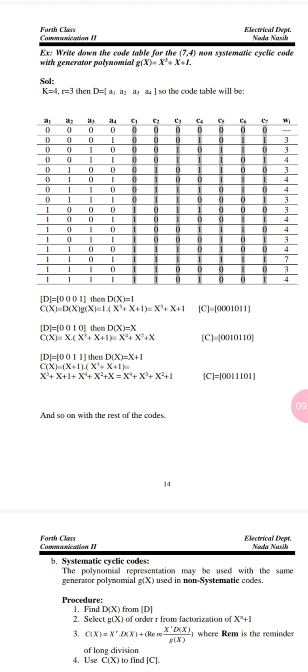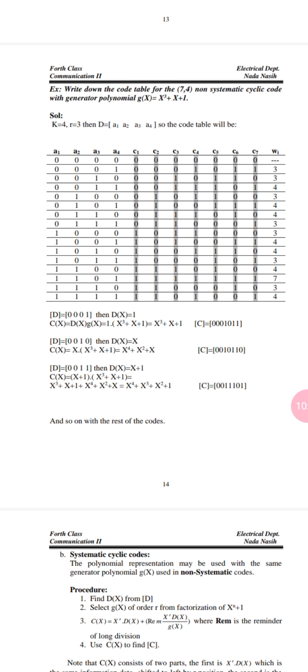Again for d equals 0011, d of x equals x plus 1. After solving, we get c of x equals (x plus 1)(x cube plus x plus 1), which is x cube plus x plus 1 plus x raised to 4 plus x square plus x, equals x raised to 4 plus x cube plus x square plus 1, and so on with the rest of the codes. Clear?